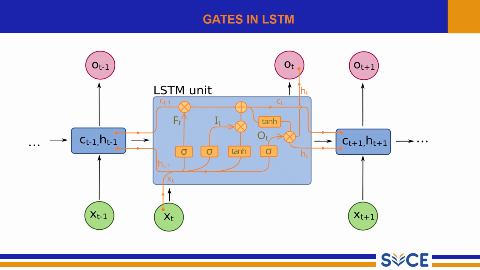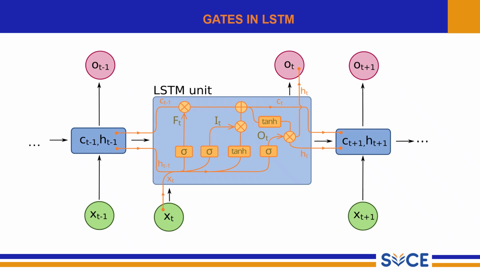Second, a candidate cell state is created using a tanh function, producing values between -1 and 1. These candidate values represent new information that could be added to memory. The input gate then controls how much of this candidate information is actually used.